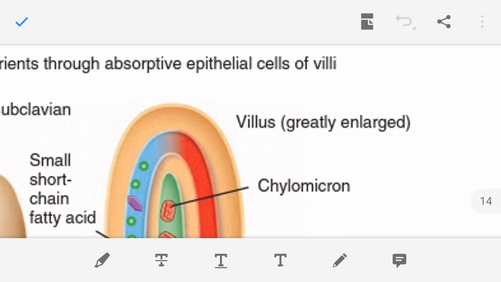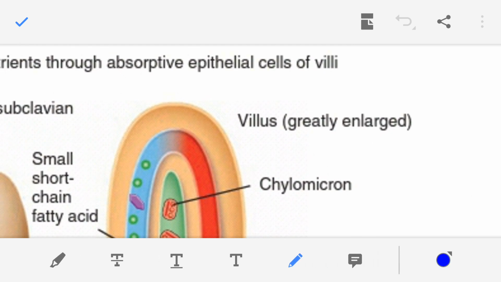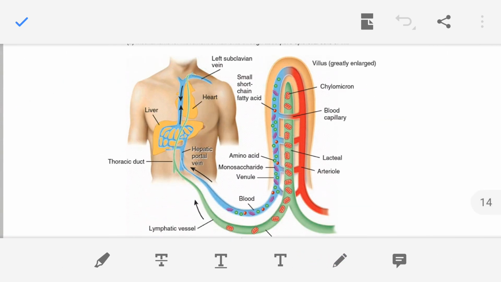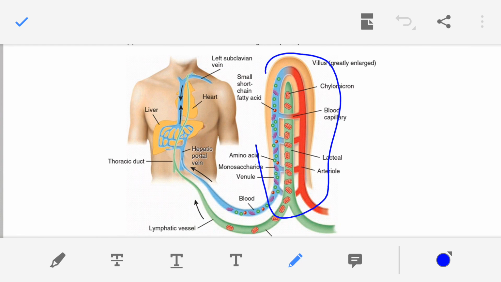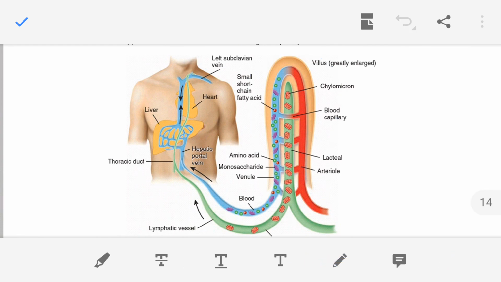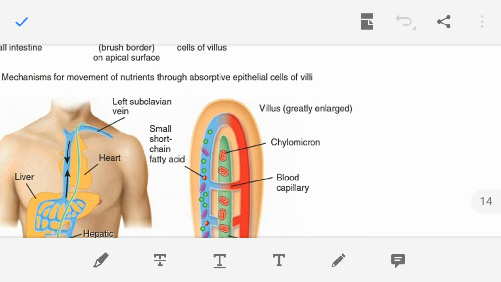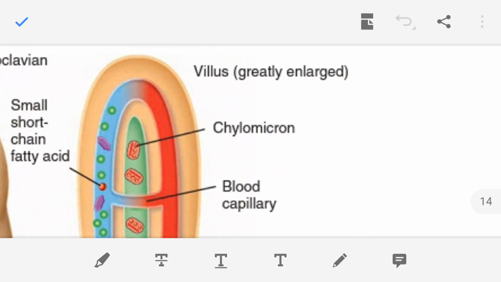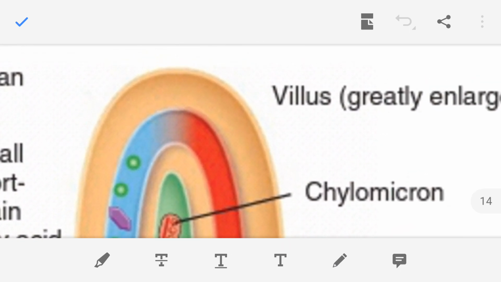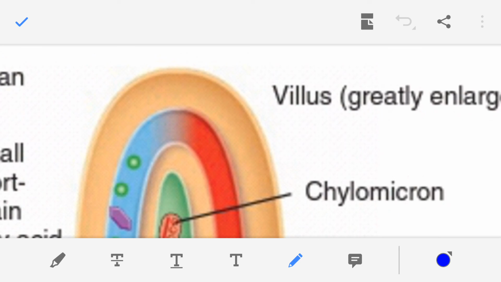Here, this entire structure is the villus. This is the villus, and this part is the villi, and I am zooming this villi. When I zoom this, you can understand that the enterocyte cells are present.